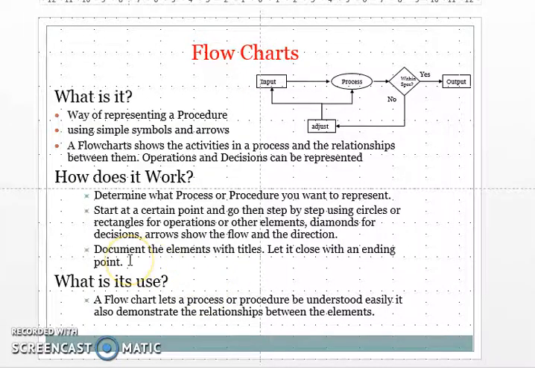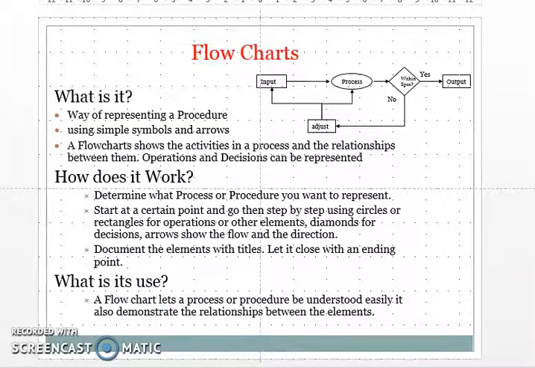At the end you have to give a title to this document and close it with an ending point, as in computer programs. What is the use of this flowchart? The process or procedure should be understood easily, and it demonstrates the relationship between the elements.